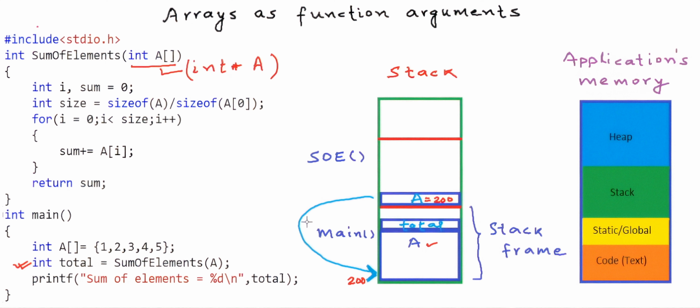Arrays always are passed as reference parameters, and this makes a lot of sense because arrays can be really large in size, so it does not make much sense to create a new copy of the array each time. It is unnecessarily using a lot of memory. So for arrays there is no call by value, there is always a call by reference, and that's why the size of A here would give us 4 as output, because A is a pointer to integer here, while in the main method A is an array.